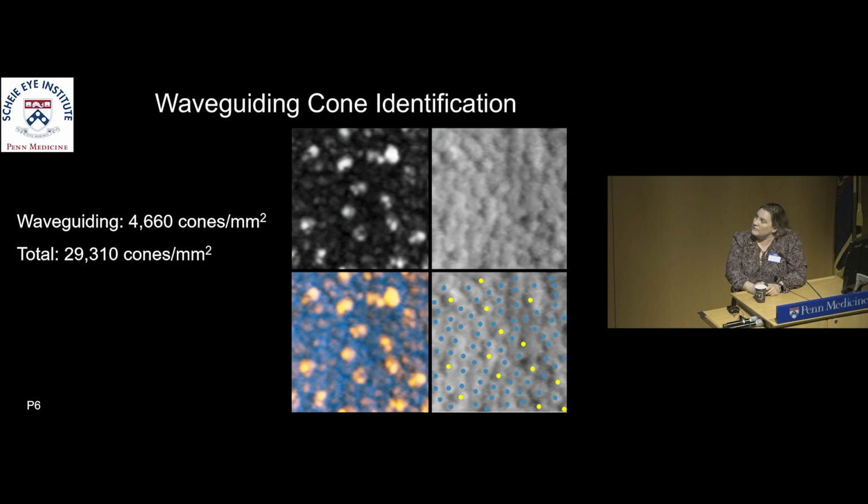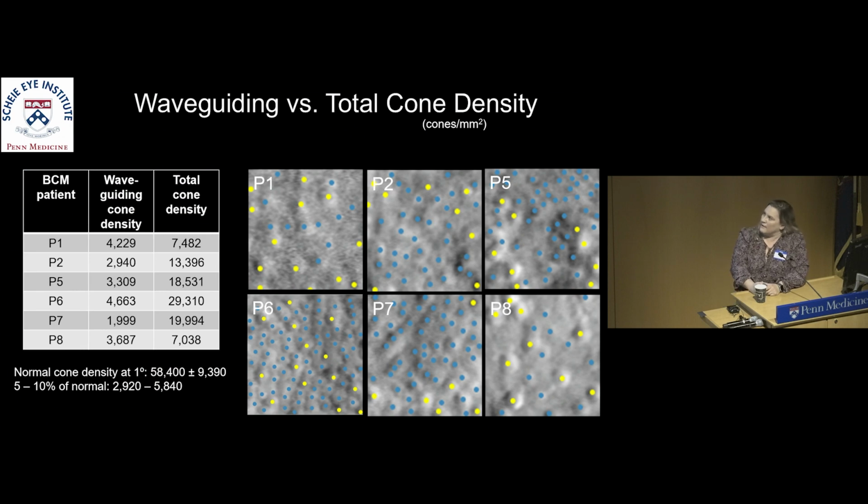So for this individual, there was wave guiding cell density of about 4,600 cones per millimeter squared, with a total density of around 29,000. We can do this now on all 6 of the patients that participated in the study and get cone densities for the wave guiding cells and also the total number at that location.